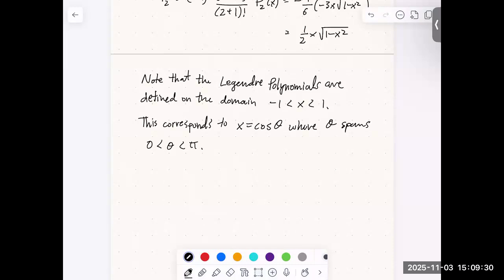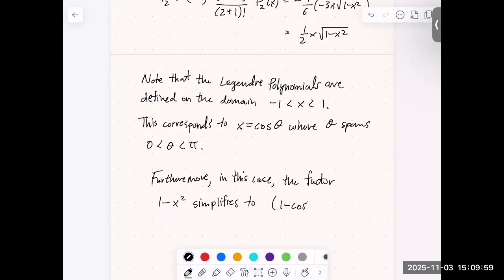Okay, so furthermore, in this case, the factor 1 minus x squared simplifies to 1 minus cos squared theta. Well, that's just sine squared theta.